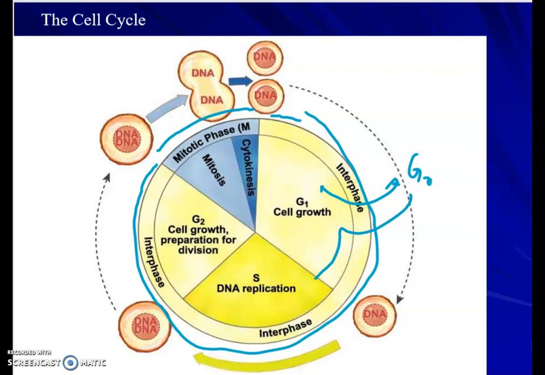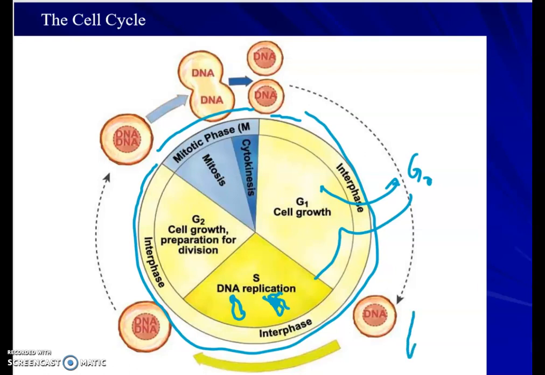And S phase, that's DNA replication. So we need to make a second copy of the entire genome in order to do cell division. So basically the chromosomes go from a stage where they have one sister chromatid, and then they go into these more typical X-shaped structures. We can see it.